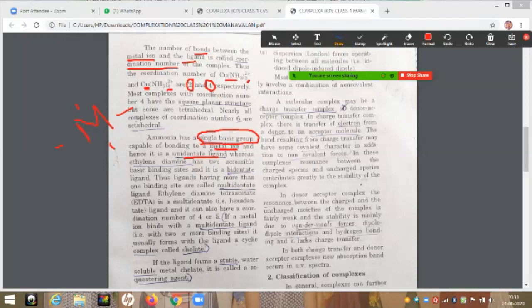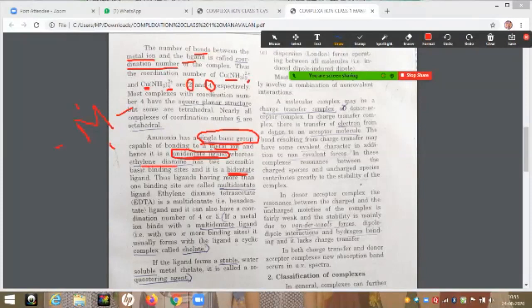Ammonia has a single pair of electrons that can be donated, and we call it a unidentate ligand. Whereas ethylene diamine has two accessible basic binding sites and is bidentate. It can give away 2 pairs of electrons.